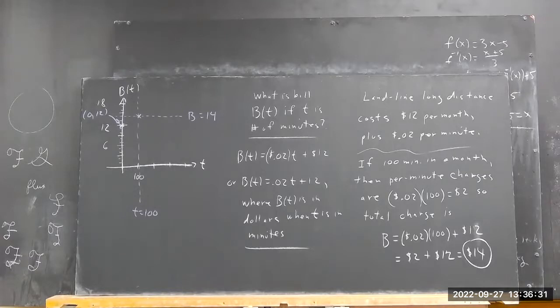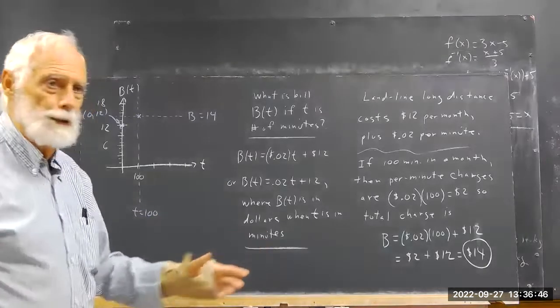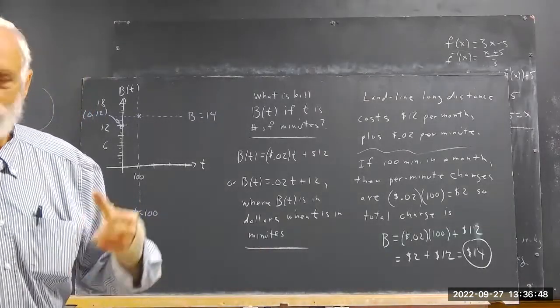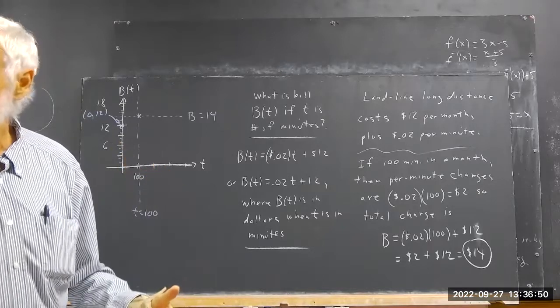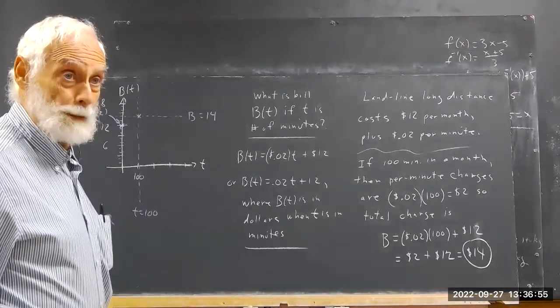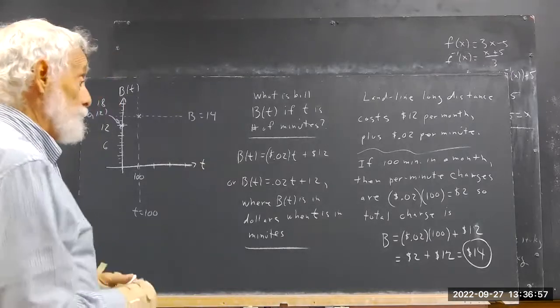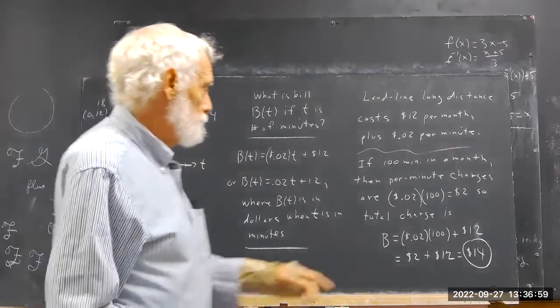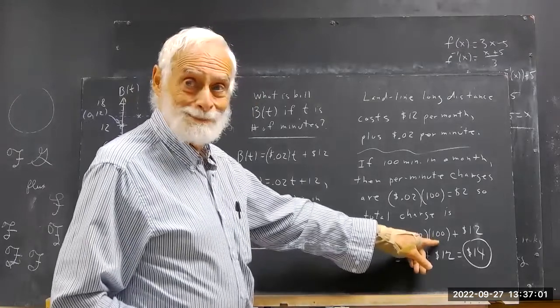Okay. Now it's obvious, maybe not very obvious, that the extra amount you pay is directly proportional to how many minutes you talk, right? Well, that means that this graph is going to be a straight line. And if you're not sure it's going to be a straight line, you could let T equal 400.